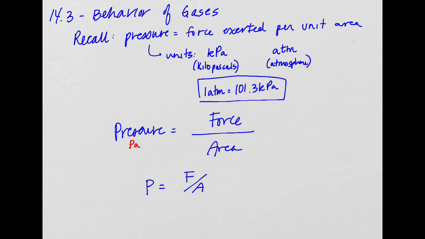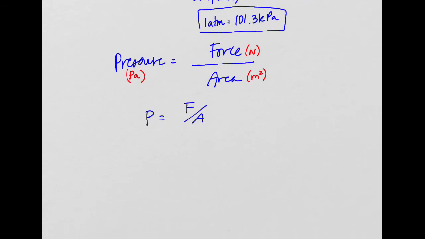The unit of force will be in newtons, and the unit of area is in meters squared. Those are all the units that you must have when you're doing your equations for pressure.